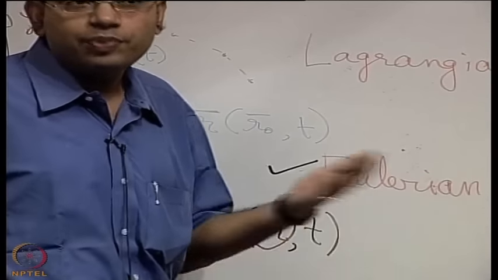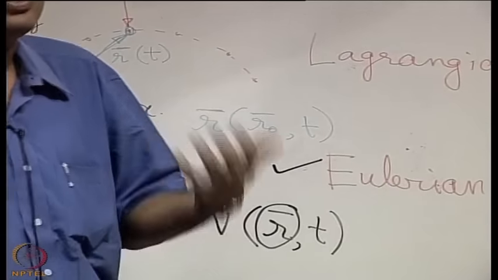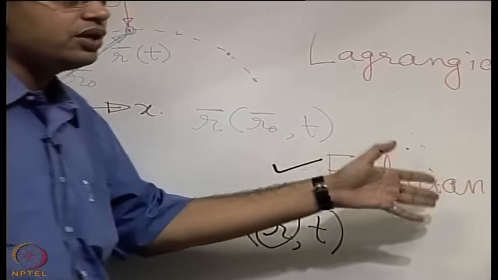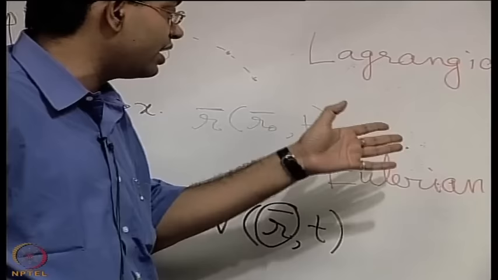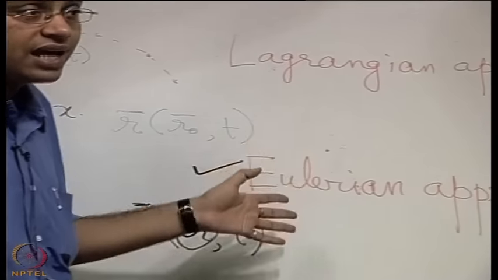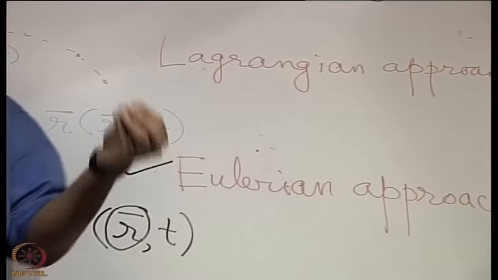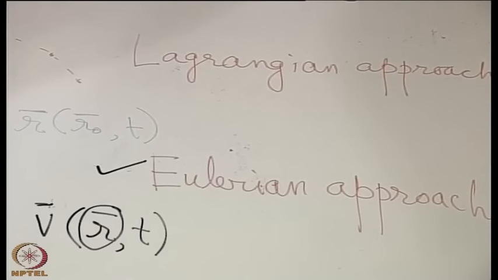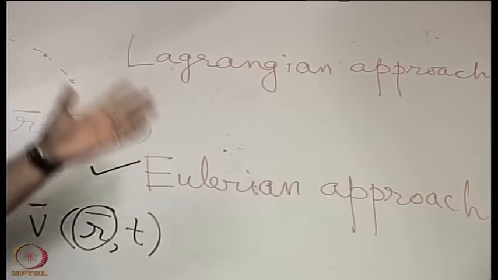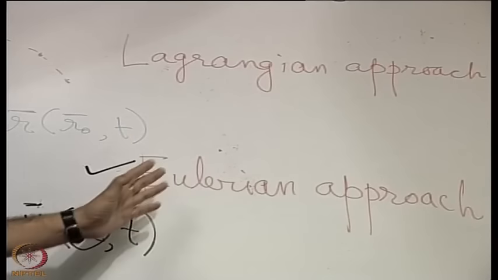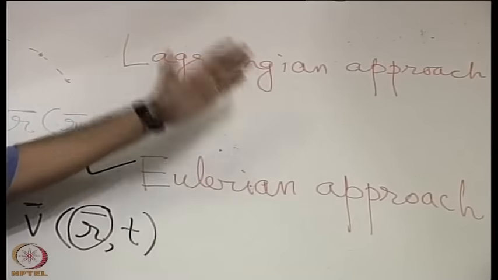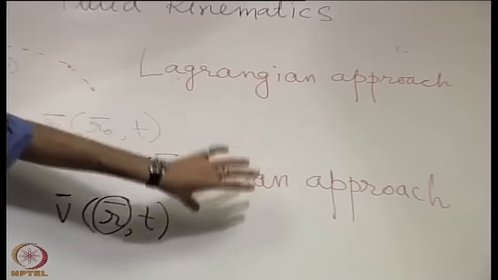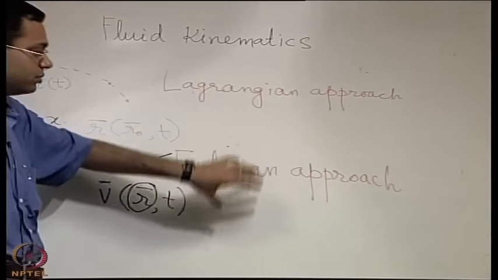So the expressions that we will be writing, say equivalent to Newton's second law of motion, in terms of the Eulerian approach will not exactly look in the same form as we are familiar with for simple particle mechanics, say for solid mechanics. But we will see at the end that these approaches are interconvertible.